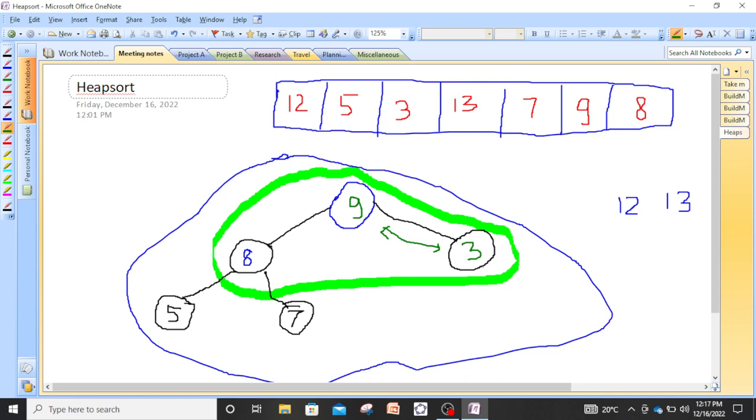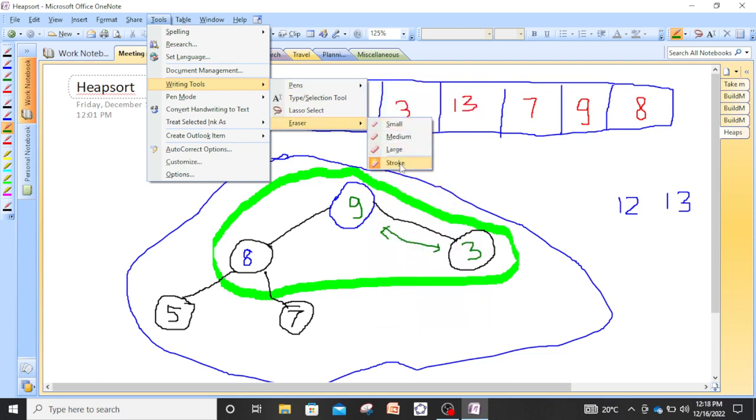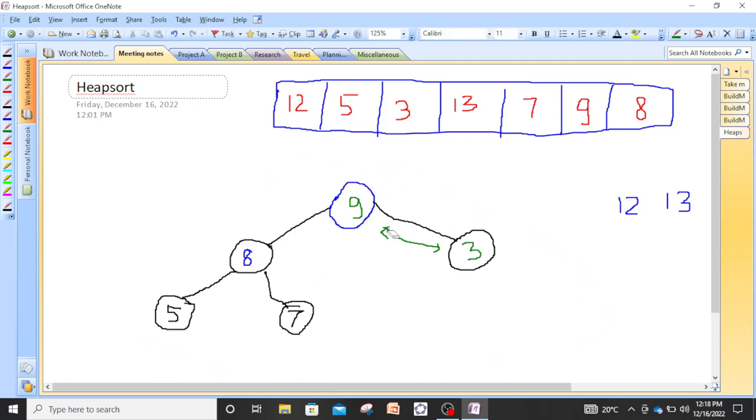So there is no work to be done. Our max heapify of the root node is complete. So I now remove the enclosures, because there is no need to keep them. Our work is complete.